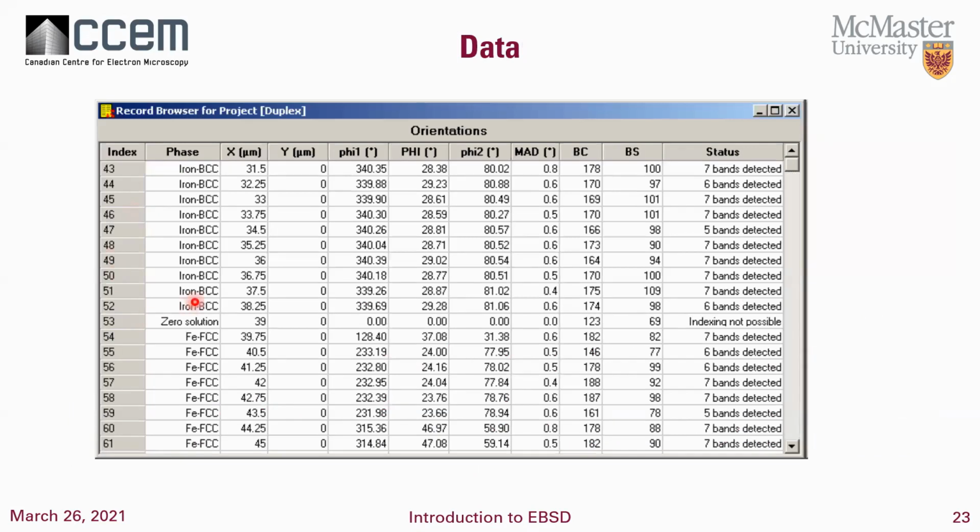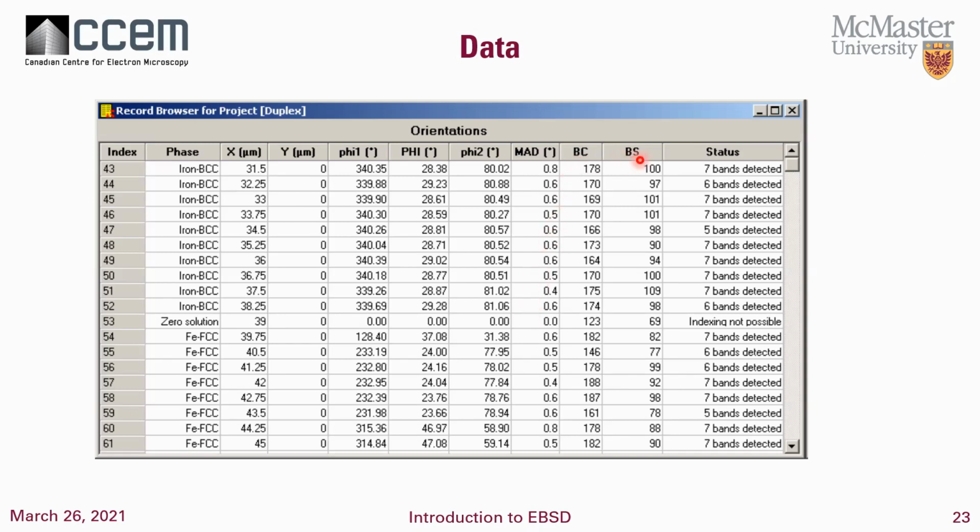Now, the data we're actually collecting, once the patterns have been analyzed, it'll assign a phase. It'll have a position for that data point. It will have the Euler angles it's determined for the particular pattern. In the Oxford system, you get a value called MAD, which is the mean angular deviation from what we have in the database to compare it to.